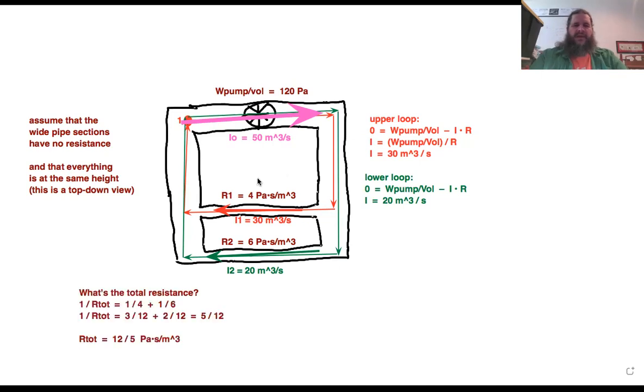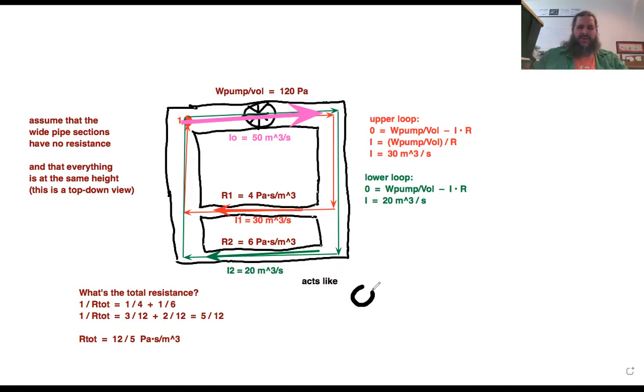So this whole thing, these two resistors in parallel, act like one pipe with resistance 12/5, which means we can draw a simplified version of this circuit. We can say this whole thing acts like a simpler circuit, which we could draw as the same pump.